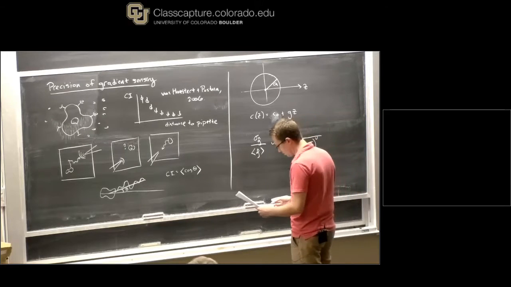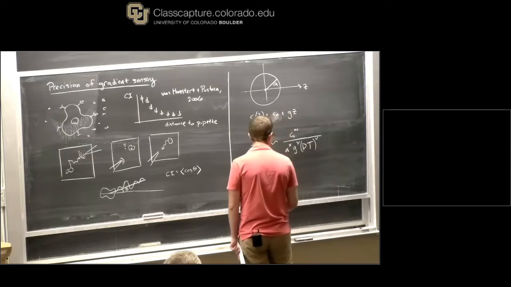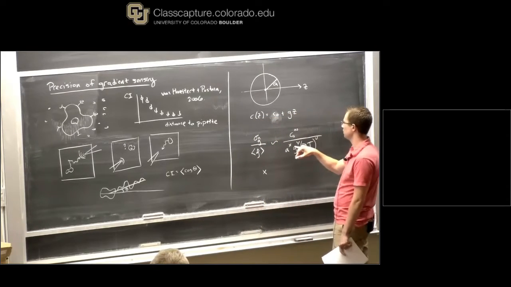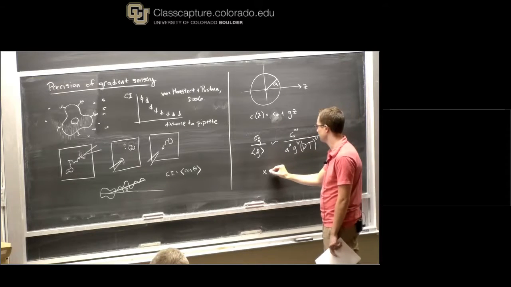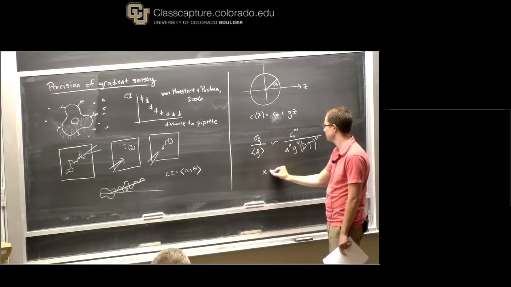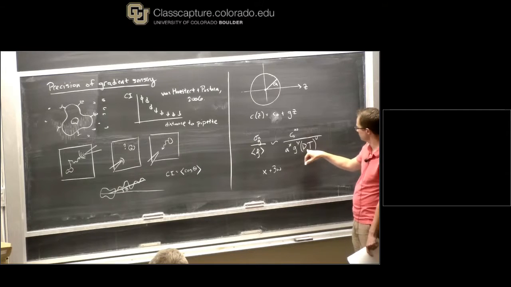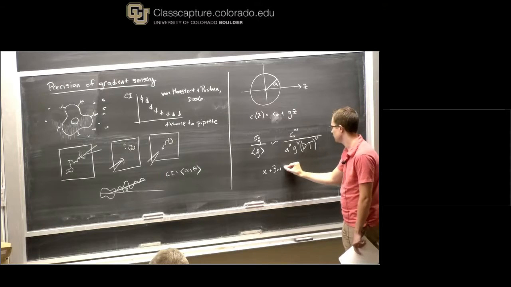Of course, what we need, just for dimensional consistency, is x plus 3w. This is meters squared, so plus 2u.